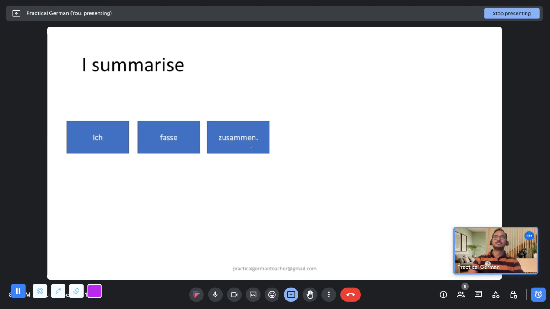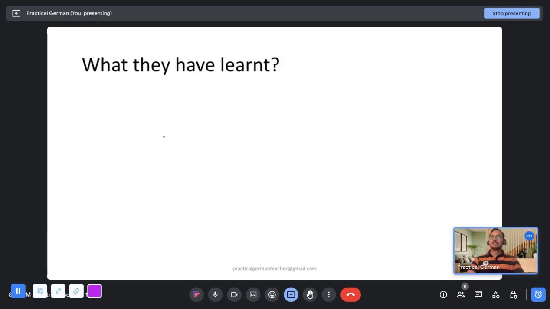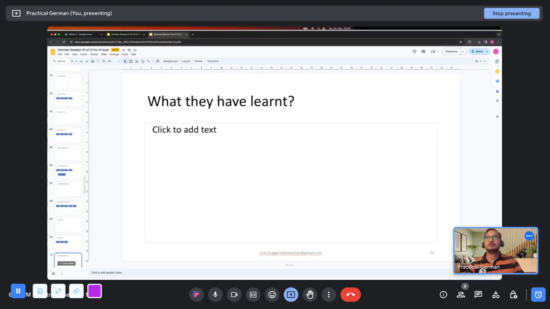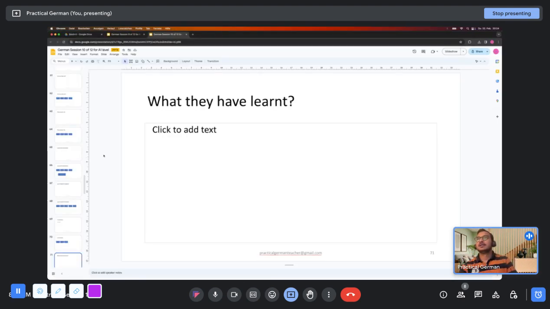Zusammen is the prefix, which goes at the last position, and you conjugate the rest of the verb. Fassen becomes fasse. Okay, we'll not continue with this. We'll cover the last topic, if we can. For that, I will have to unshare my screen for 10 seconds because I have to open that file.